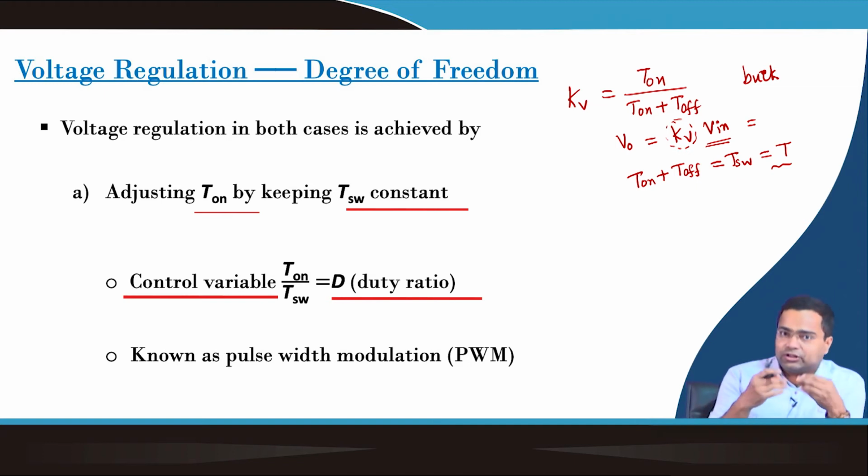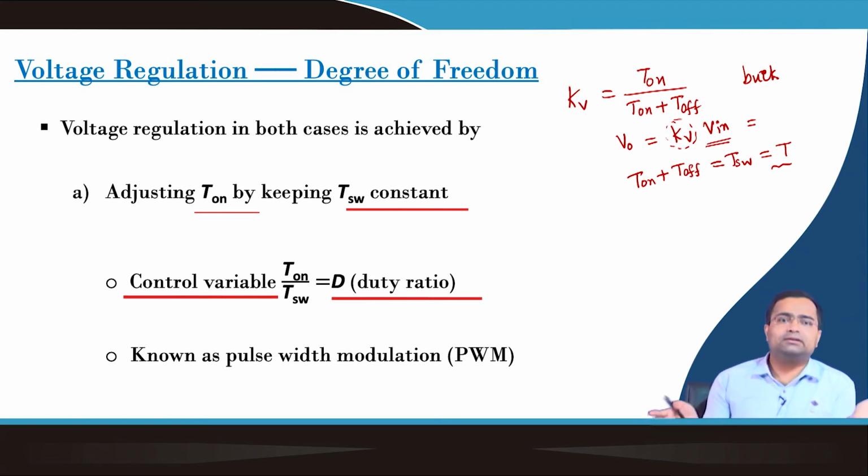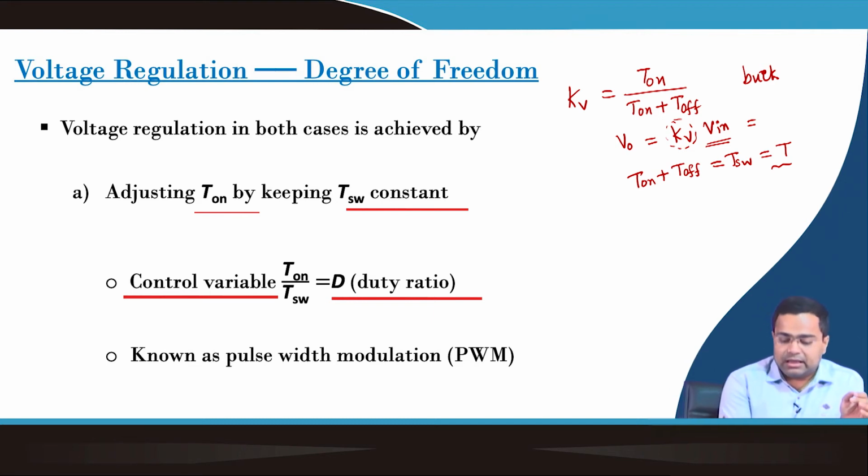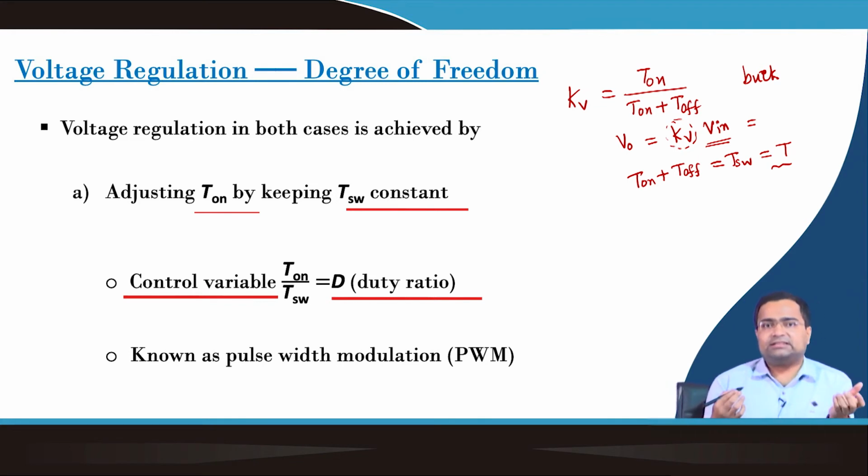So, I have to control the duty ratio in order to regulate the output voltage whenever there is any change in input voltage or load current. This technique is known as pulse width modulation. In fact, there are different variants of pulse width modulation, like trailing edge PWM, leading edge PWM, dual edge PWM, but in all cases the time period is constant.